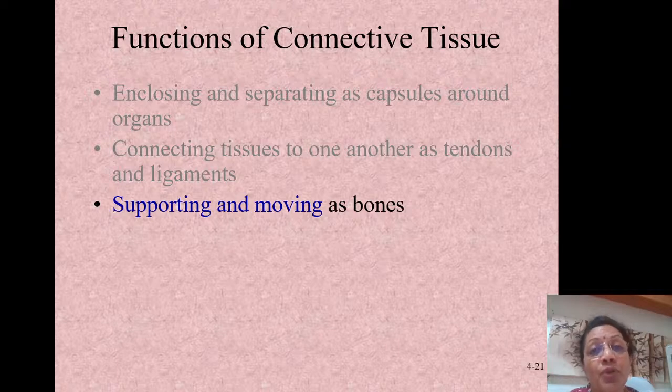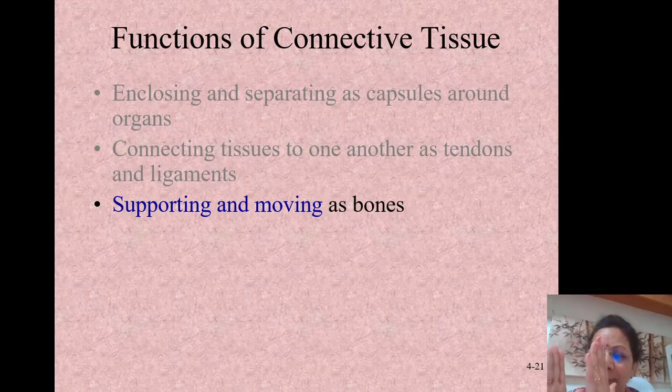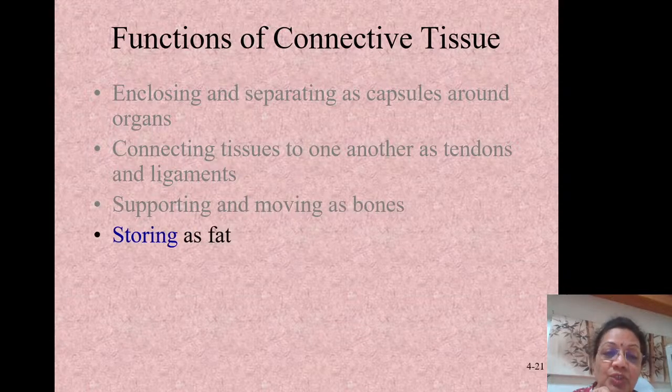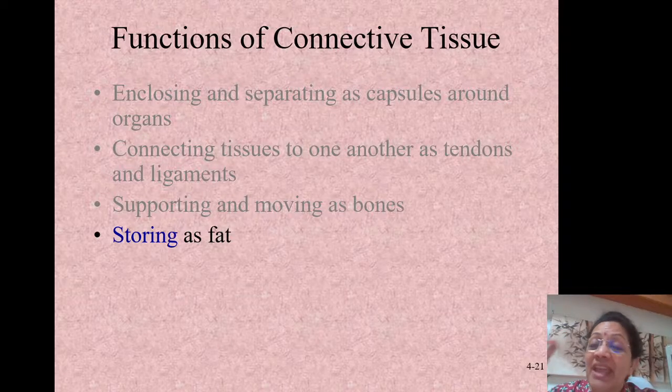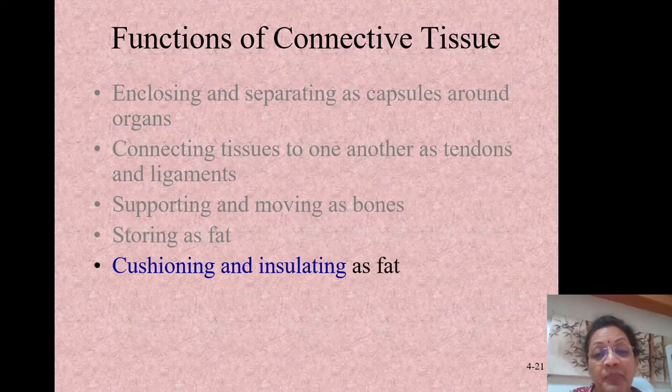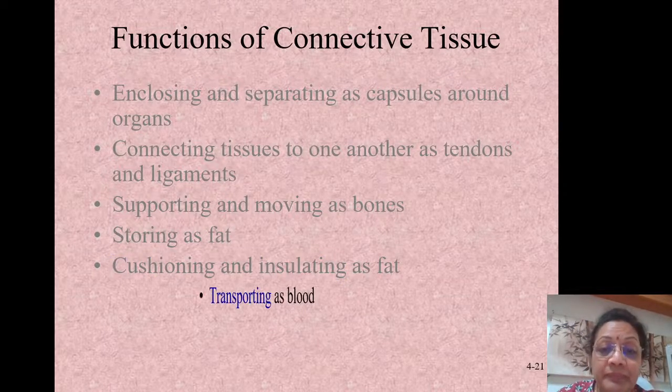Connective tissue modified into a completely singular, separate, different tissue is bone tissue. So bone tissue is a subset of organized connective tissue. Another subset organized for a completely different purpose of storing energy is fat or adipose tissue, which also does cushioning and thermal insulation.